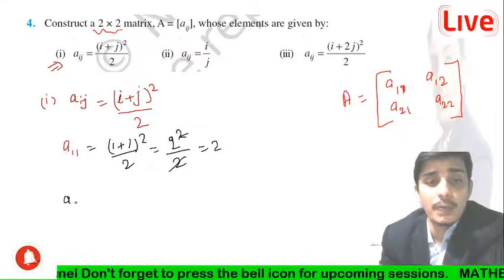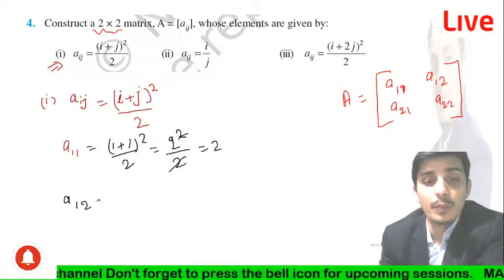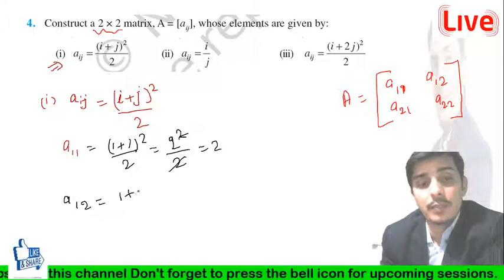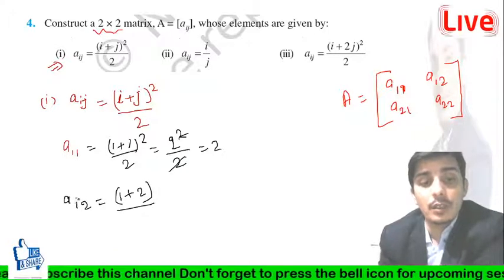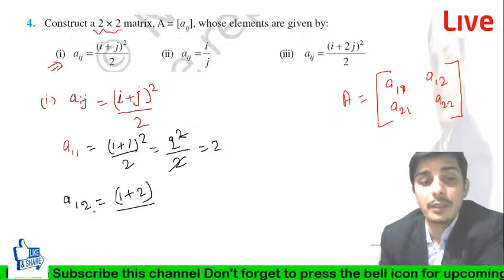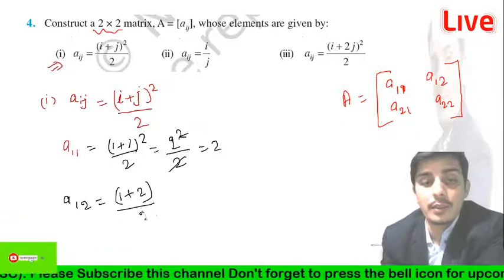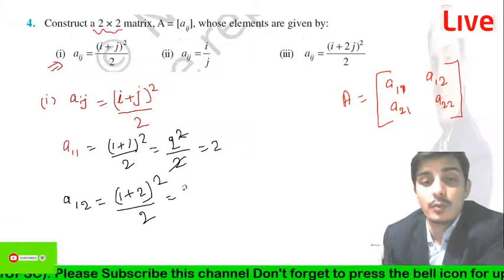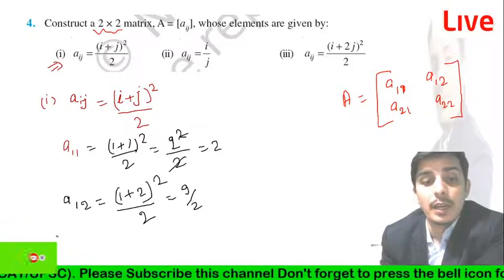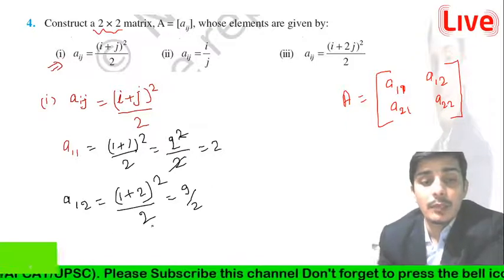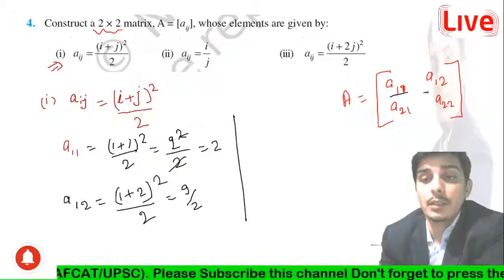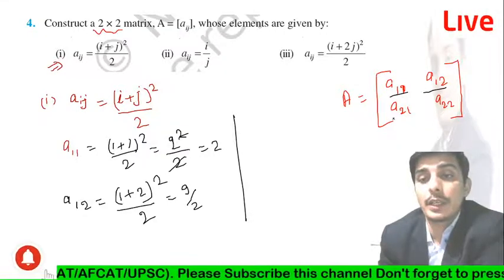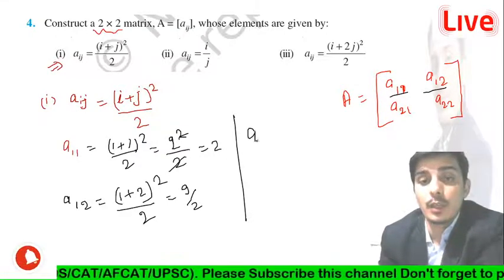Okay, and another case you can take here, guys. A12: you can write here 1 plus 2, because here i is equal to 1 and j is equal to 2, and whole square, so we can write here 9 by 2. We have A11 and A12, and next term is A21.